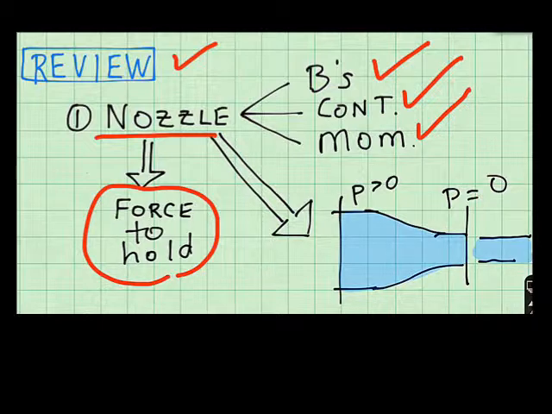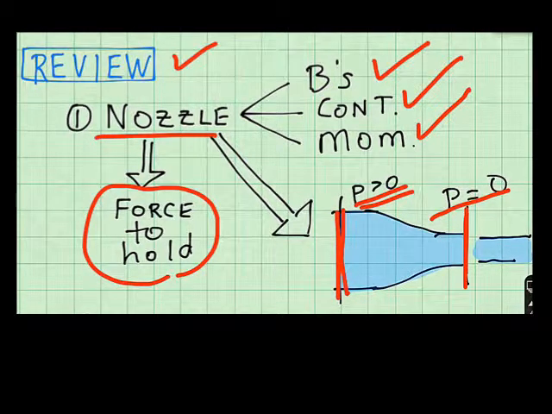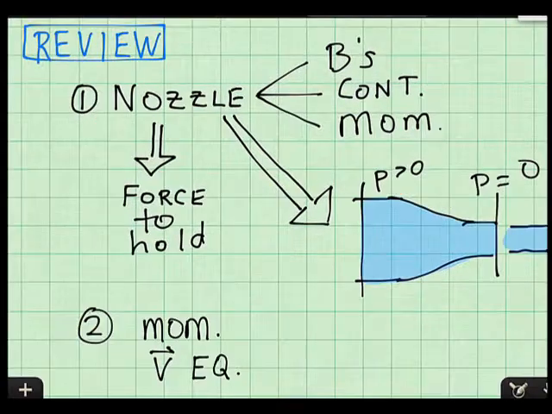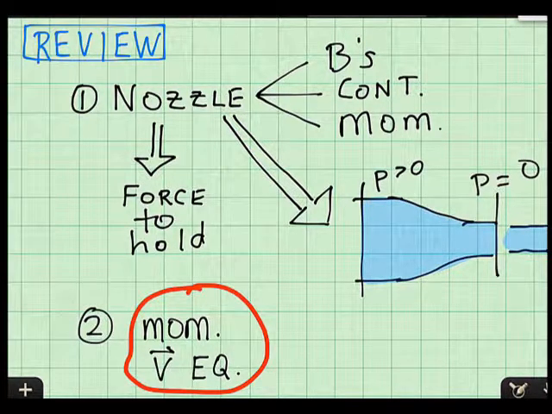And the third point on the Bernoulli equation is the pressure at the exit plane here is typically ambient pressure, which is usually 0 gauge, and the pressure up here across this section will be greater than 0 in correspondence with the Bernoulli principle. The last point, the momentum equation is a vector equation, so it's very useful to visualize the vectors, make sure you're writing down vectors, think vectors.